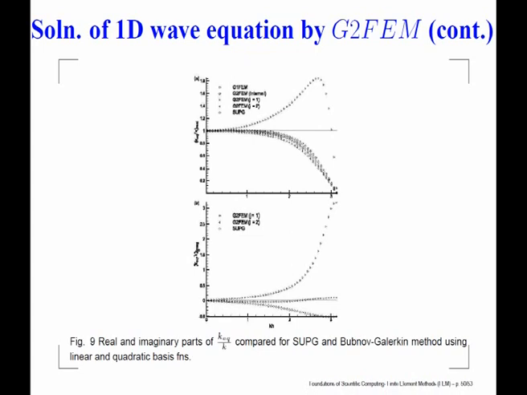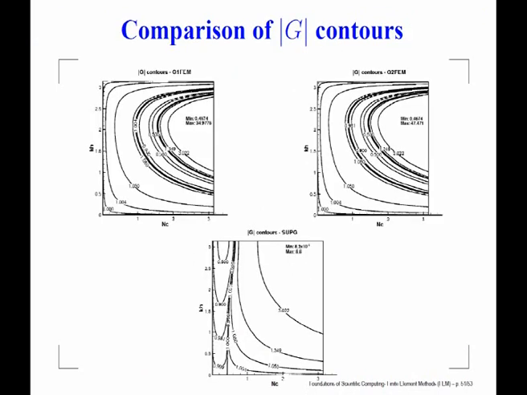That is what you see here with the minus value. And these are the contours that Suman did very recently, last week only. So, we plotted all these G contours. This is for linear basis function, this is for the quadratic basis function, and this is for SUPG.